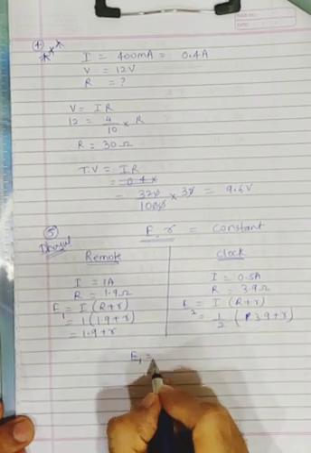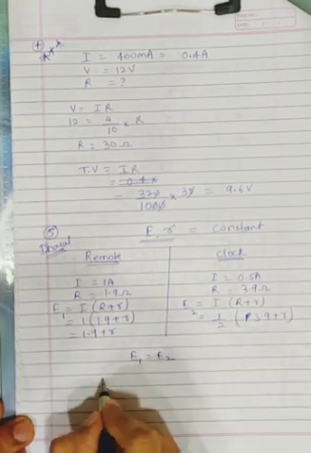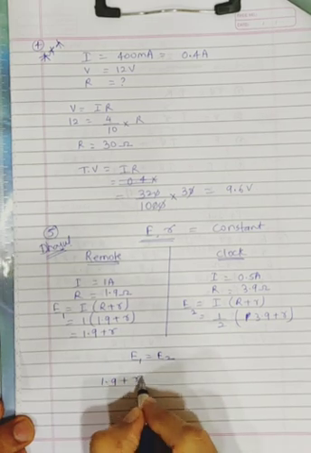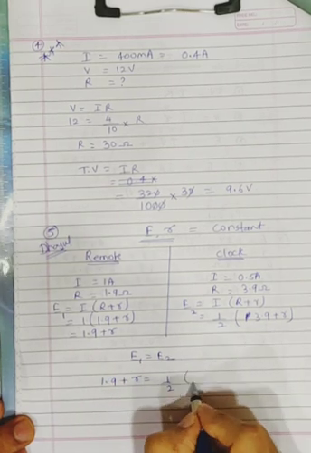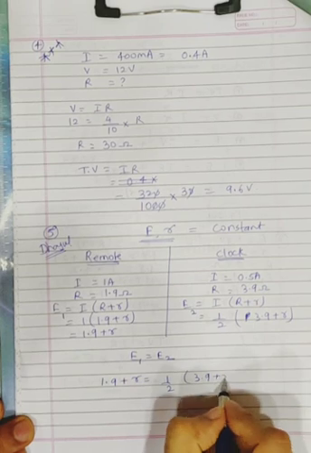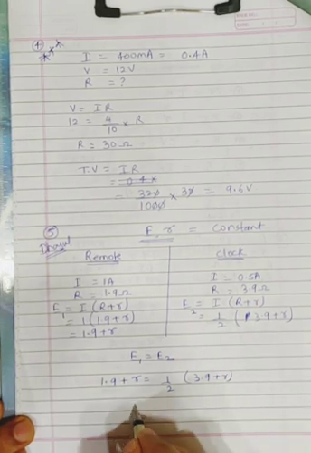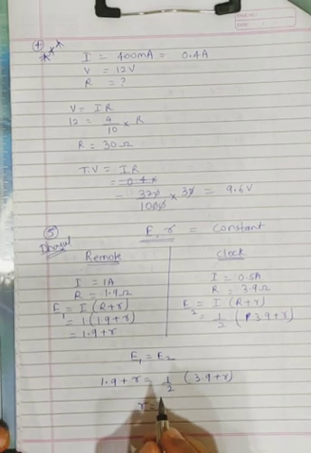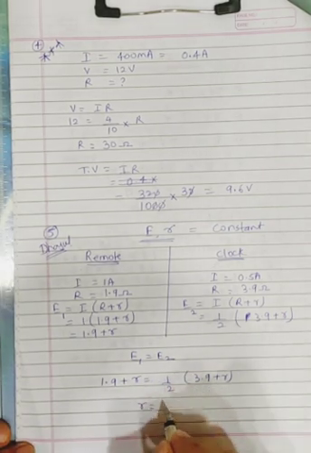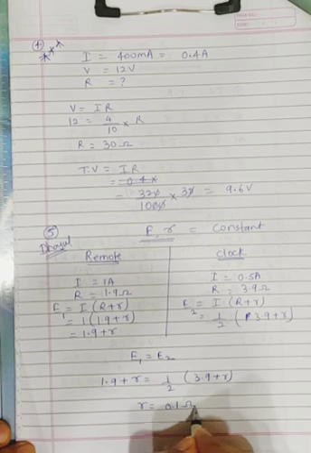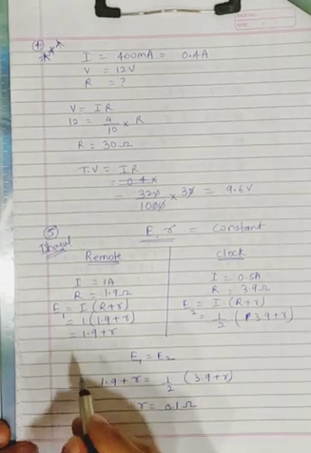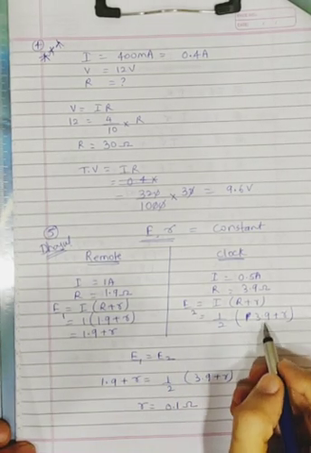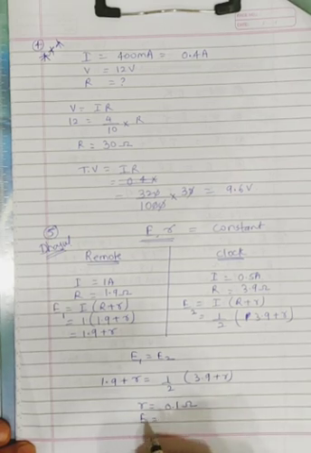Why? Because the EMF of a cell remains the same. Then 1.9 plus r is equal to half into 3.9 plus r. Cross multiply, and your small r will come equal to 0.1 ohm. Put the value of small r either in E1 or E2, and you will get the value of EMF.